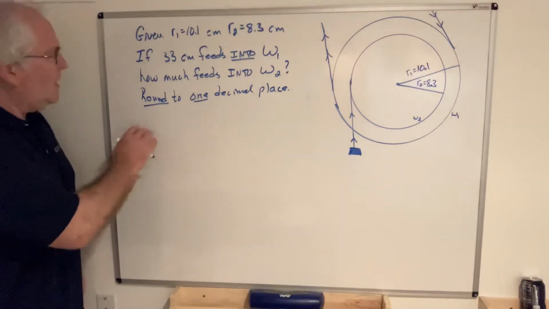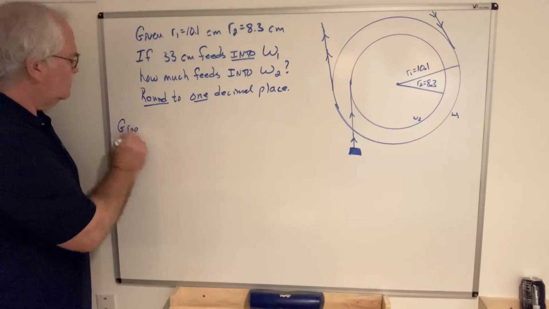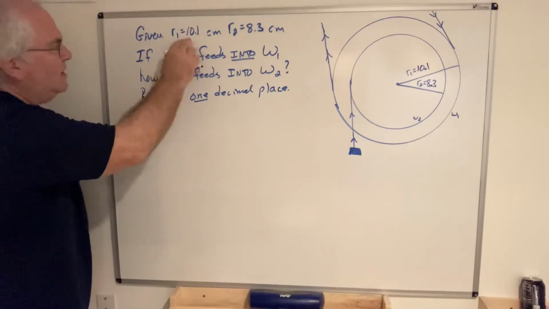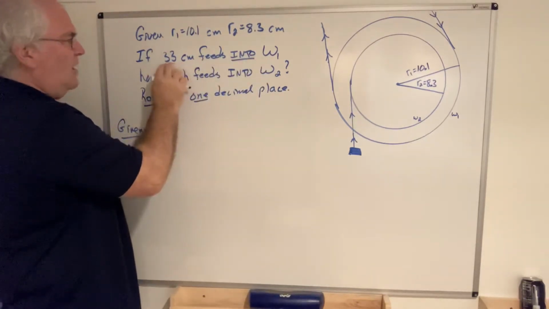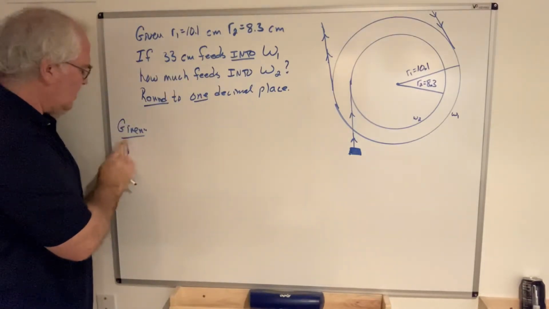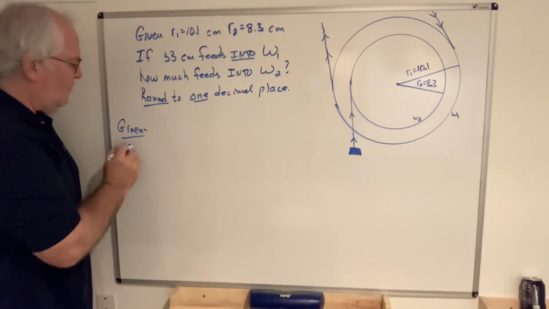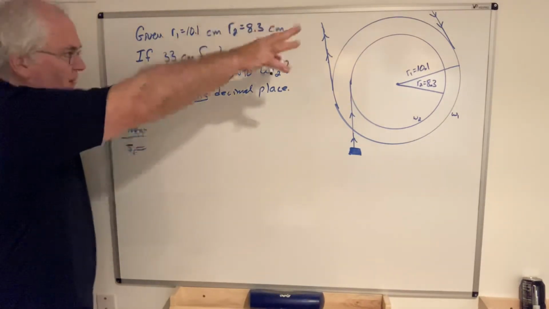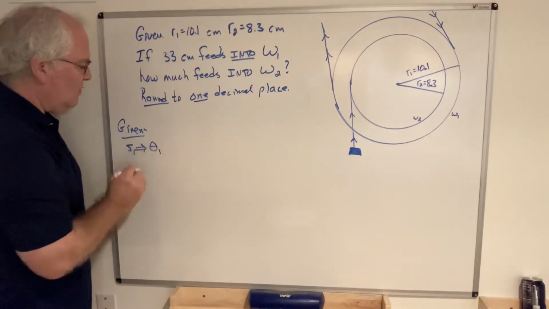So, what do we have? We're given the arc length of wheel number 1, right? 33 centimeters feeds into wheel number 1. So we're given arc length, make that S1, from which we can compute, because all the radii are given, angle number 1.